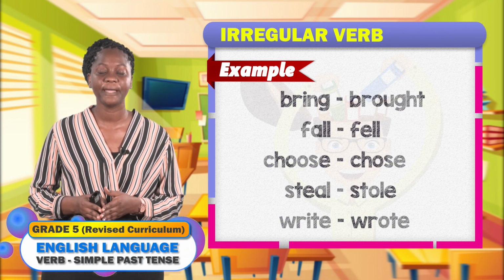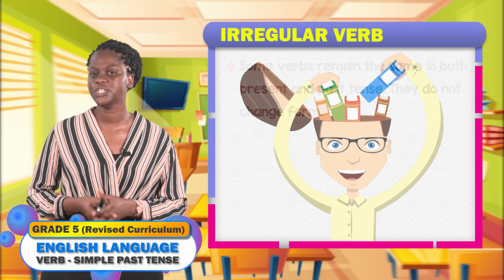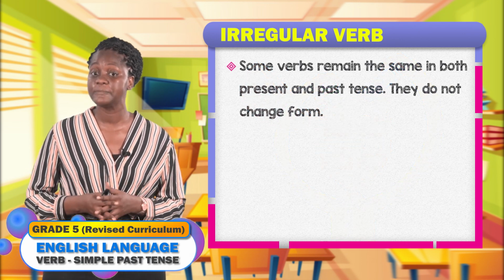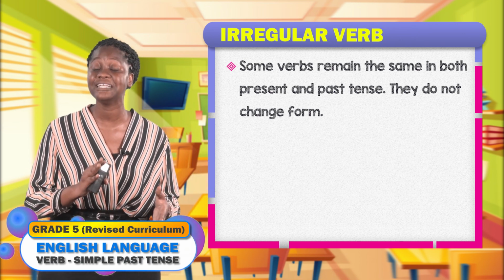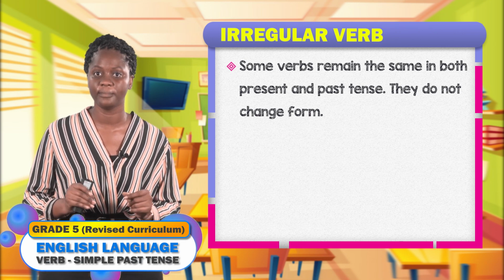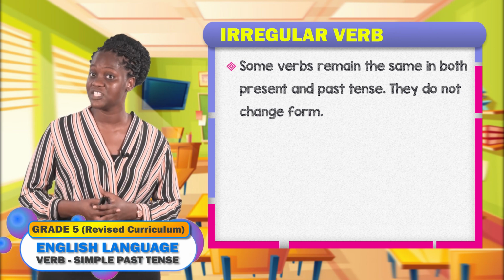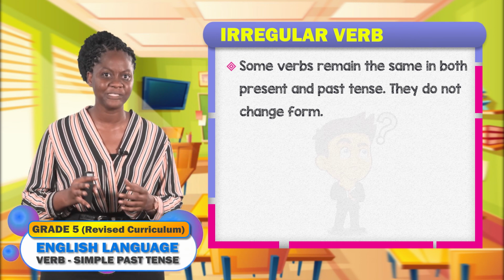So, to learn them, we need to memorize them. Additionally, some verbs remain the same in both their past tense and their present tense. They do not change form. Do you know of any such verb that is the same in both present and past tense?